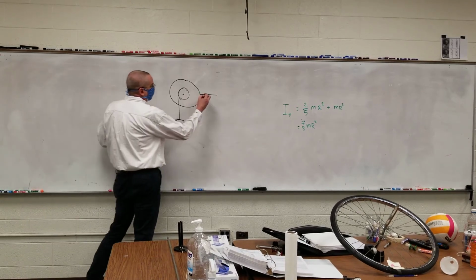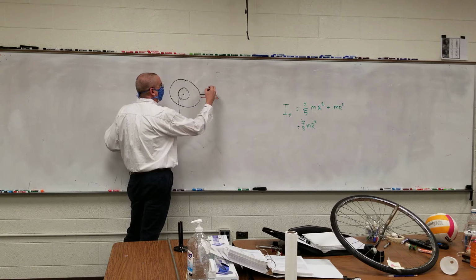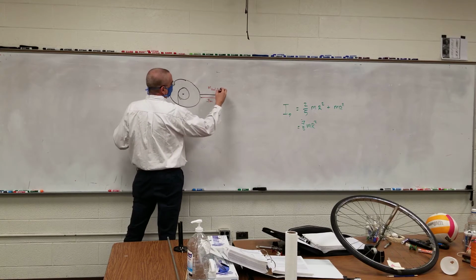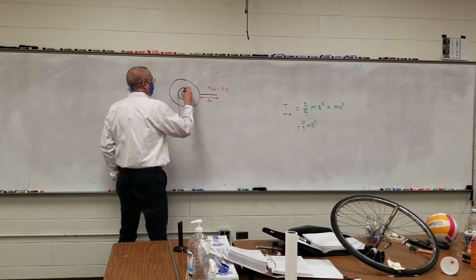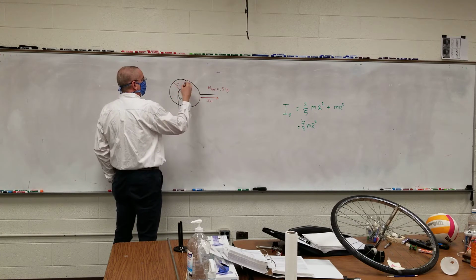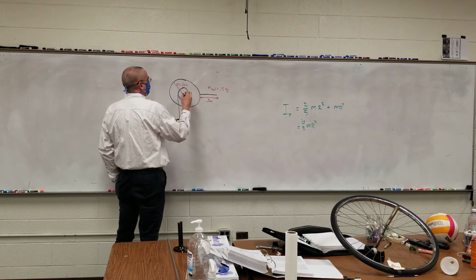So, thin rod. I'll make up numbers here because I can't remember what I had before. Let's make the length 0.3 meters. The mass of the rod is 0.5 kilograms. The wheel here, radius is 0.6 meters, 0.2 meters.